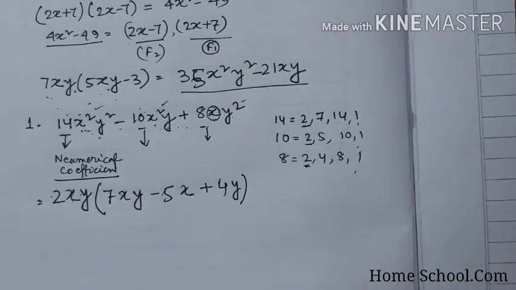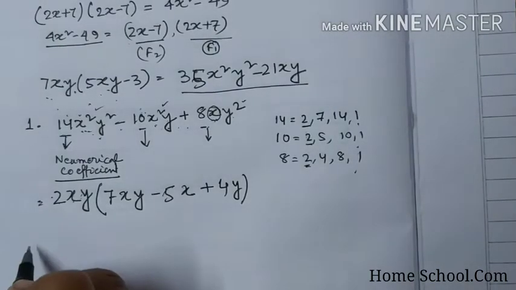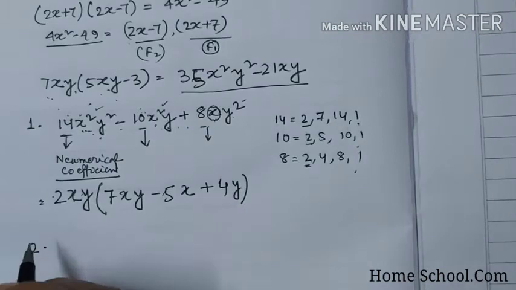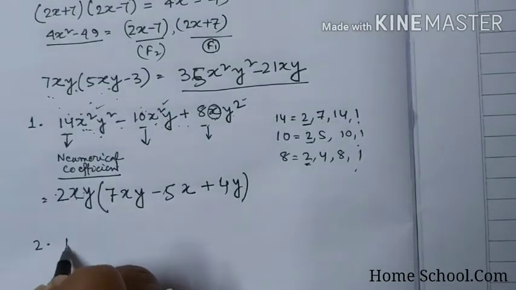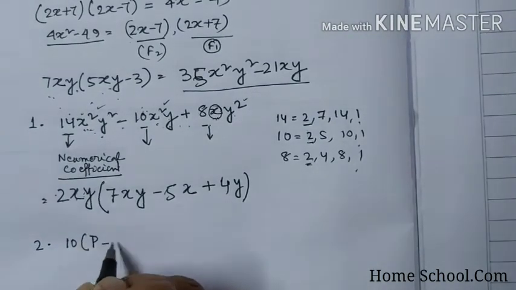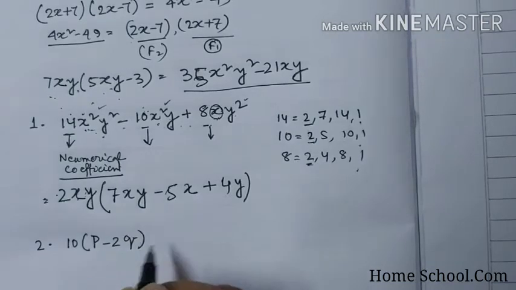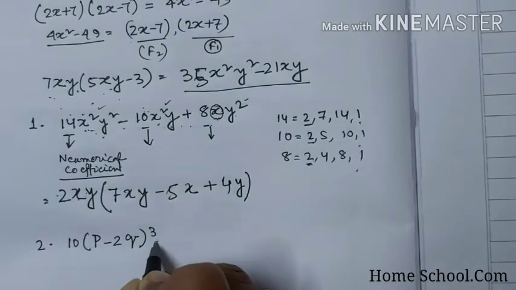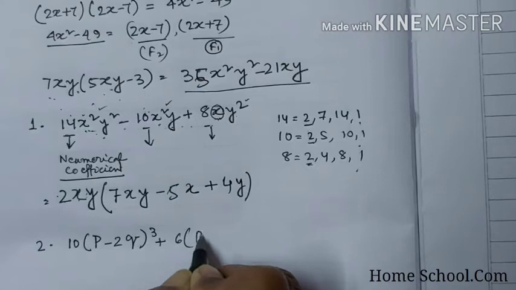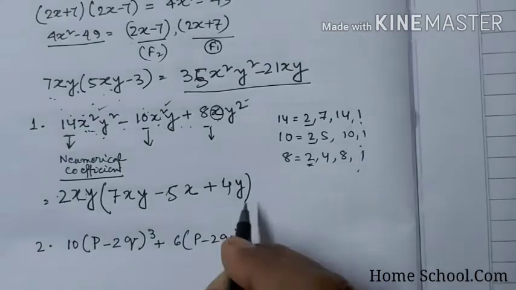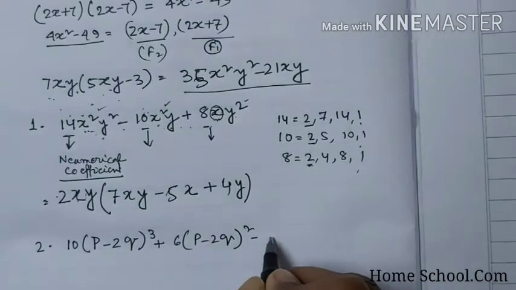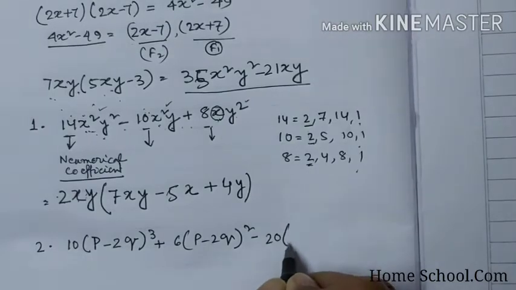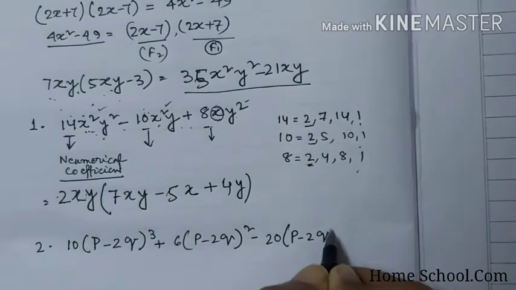Let us understand problem number 2. 10(p minus 2q) plus 6(p minus 2q) square minus 20(p minus 2q).